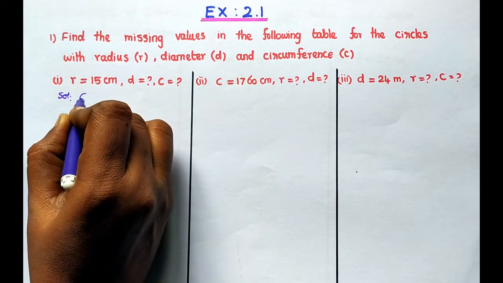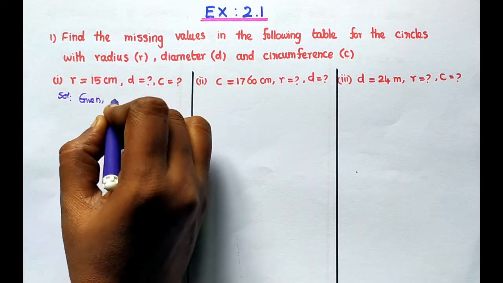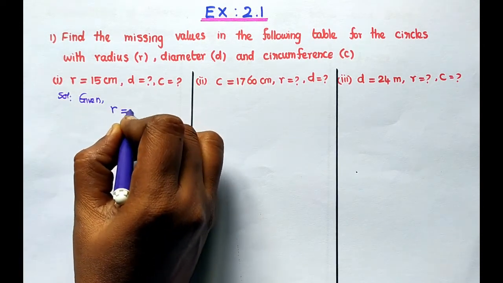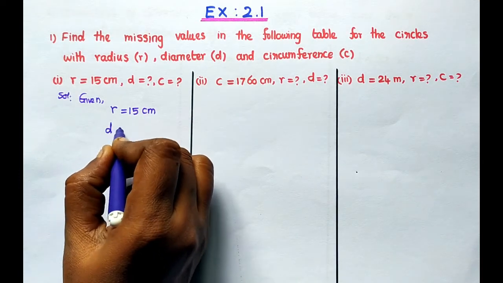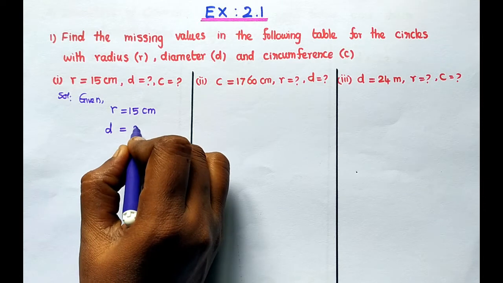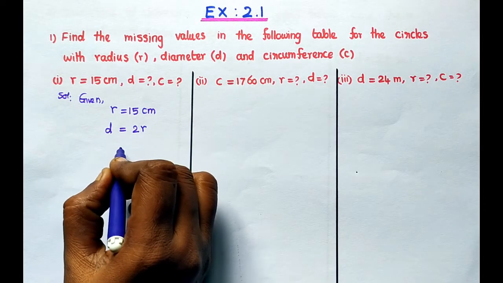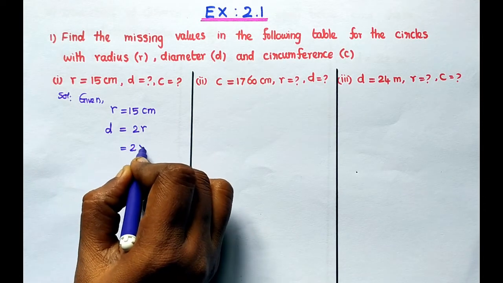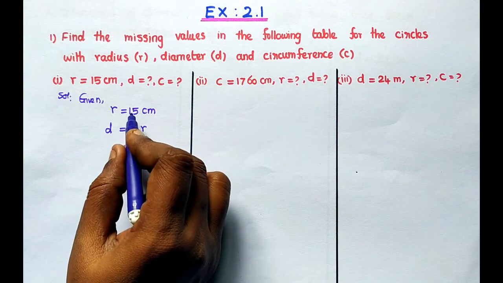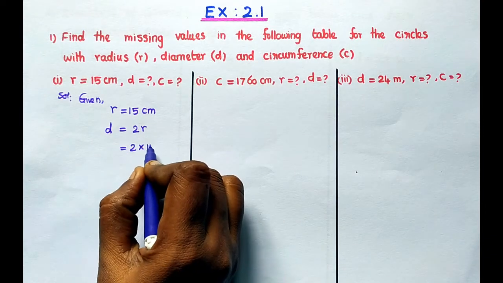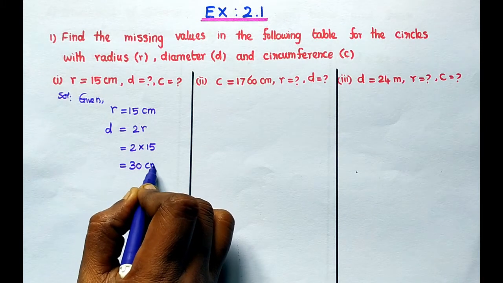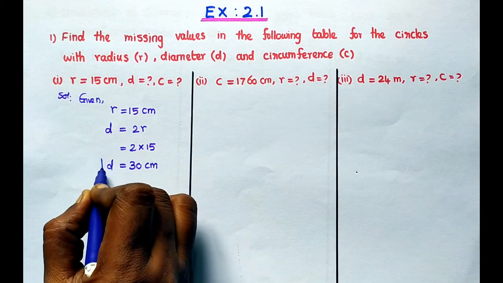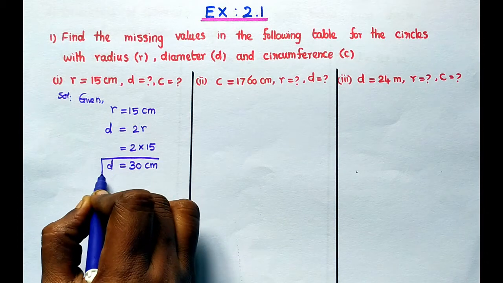First thing, write the given: r equal to 15 centimeter. Now diameter equal to 2 into r. So 2 into 15, 2 15s are 30 centimeter. That is the d value, diameter.